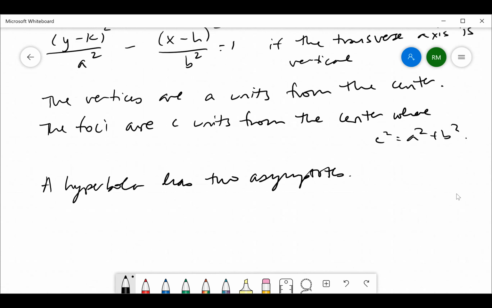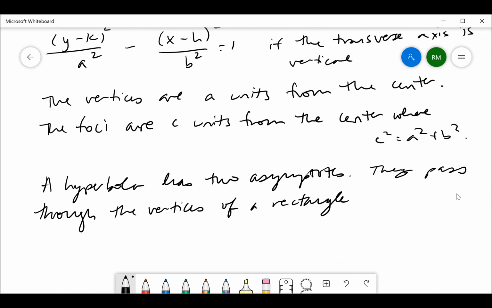The asymptotes pass through the vertices of a rectangle of dimension 2a by 2b with center (h, k).